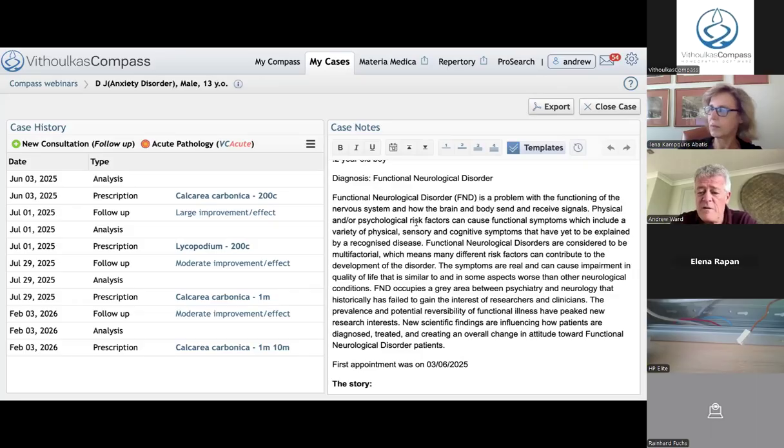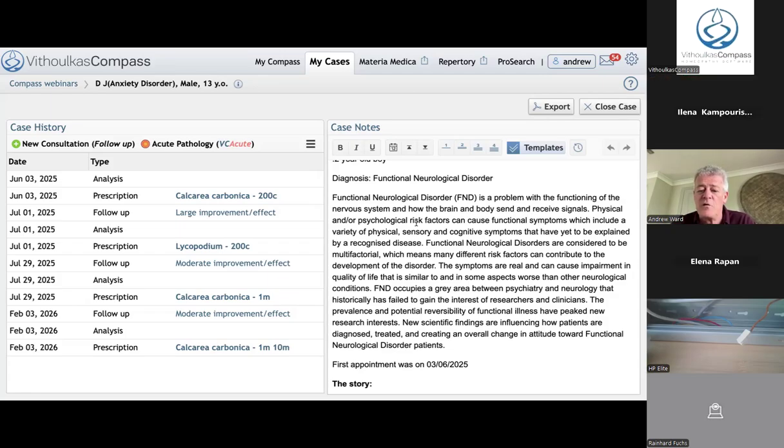So FND disorders are considered to be multifactorial, which means many different risk factors can contribute to the development of the disorder. The symptoms are real and can cause impairment in the quality of life that is similar to, and in some respects, worse than other neurological conditions.